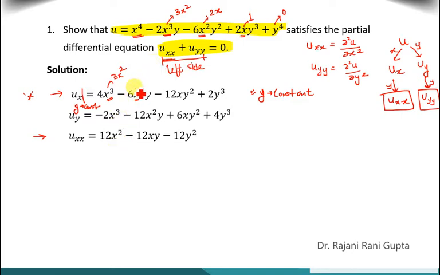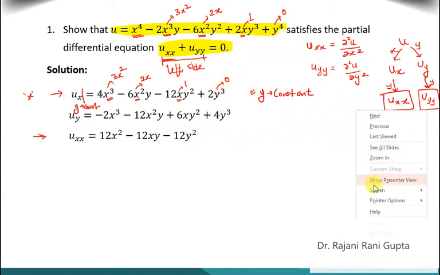Here you differentiate x power 2, which gives you 2x, so 6 multiplied by 2 is 12xy. Since y is a constant, you keep y the same. Here the derivative of x becomes 1, so you are left with 12y square. And here, since it has only y, which is a constant, it becomes 0, so you don't have any term here.